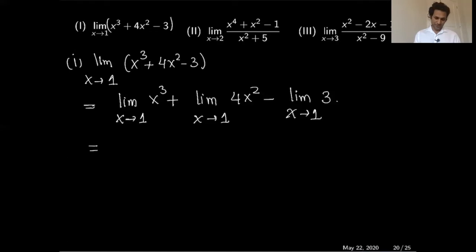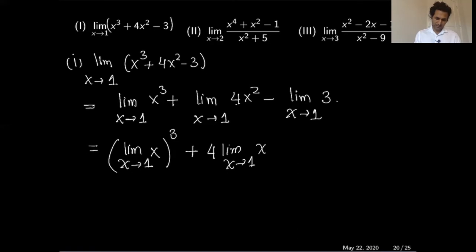Next, we will use the power law. We say that for the limit as x approaches 1 of the power function, the limit can go inside the power, and the constant can be pulled out from the limit. So this will be the limit as x approaches 1 of x, and then we also use the power rule.